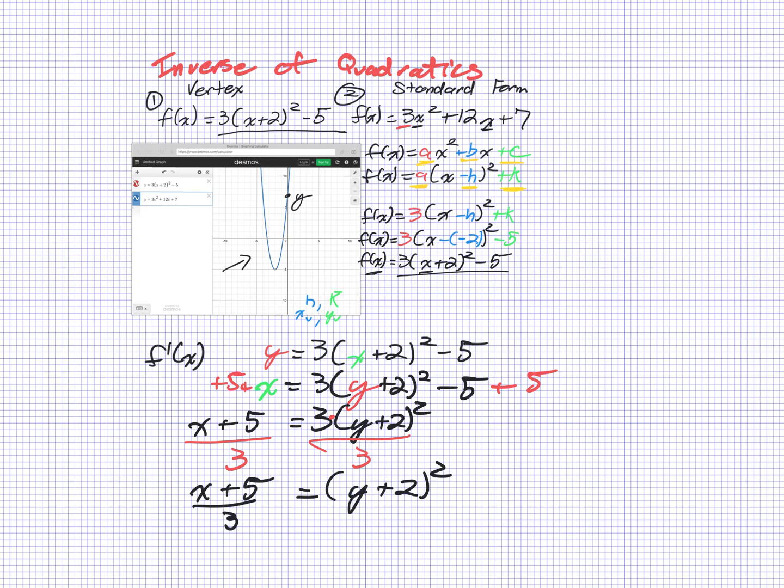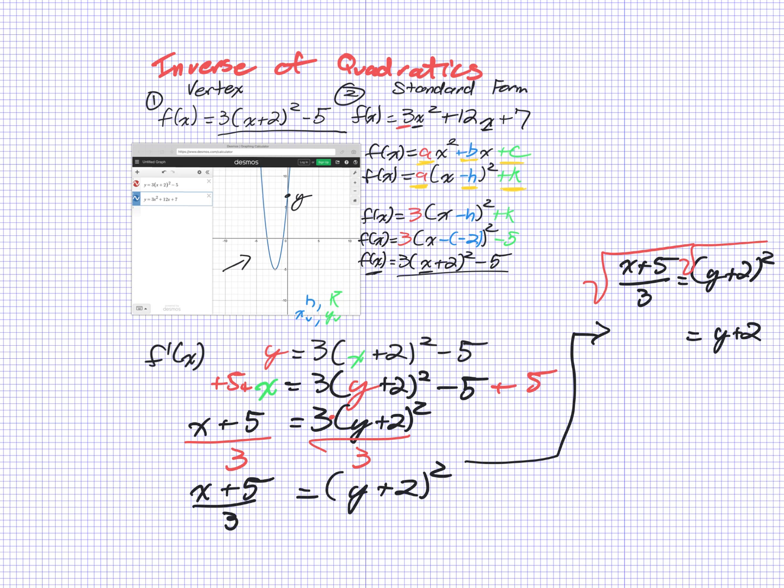Okay, and just because we're running out of a little room here, I'll jump up to the right-hand side. Here, I'll rewrite it up here: x plus 5 over 3 is equal to y plus 2 squared. Now, because that's squared, we actually want to find the square roots of both sides of the equation. When we do that, on the right-hand side, the square root of this will give us y plus 2, okay?